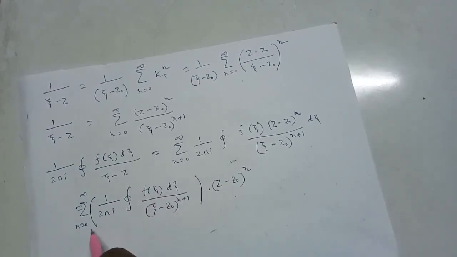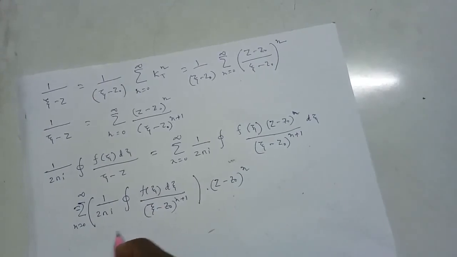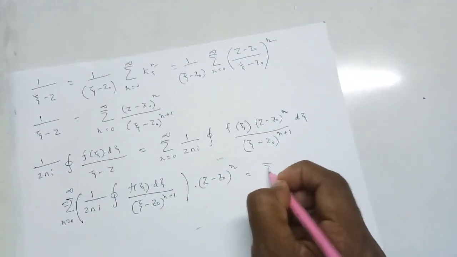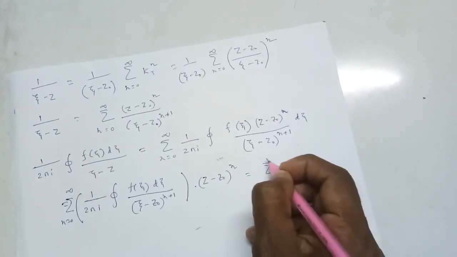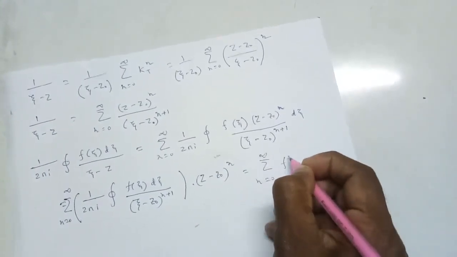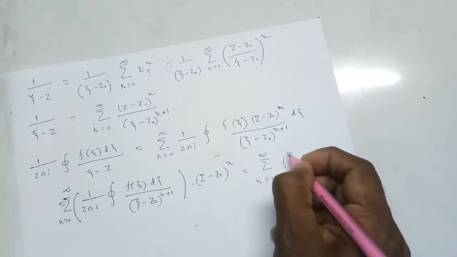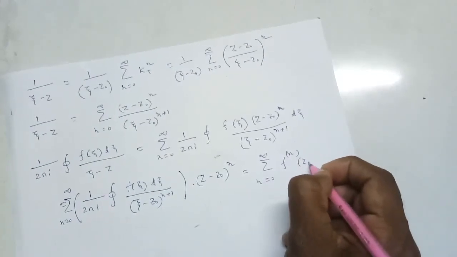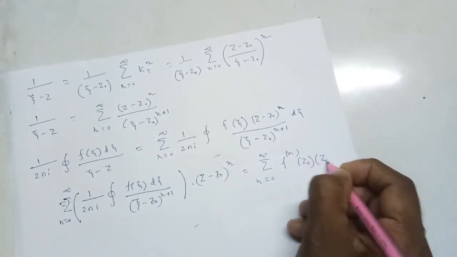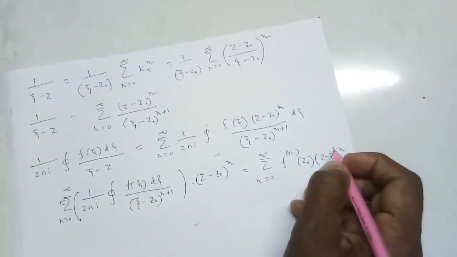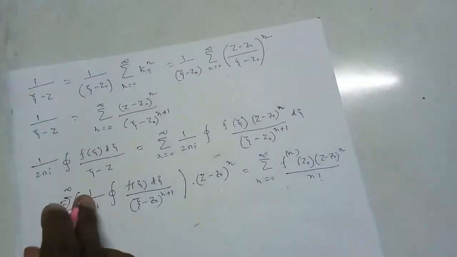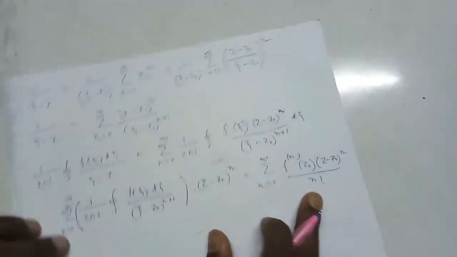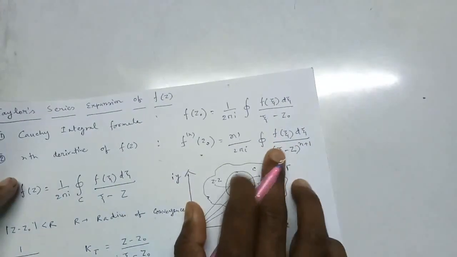So the bracketed term will be reduced to the nth derivative of function of z, and this can be written as summation n equal to 0 to infinity of f nth derivative at z0 times z minus z0 to the power n divided by n factorial, from this definition.